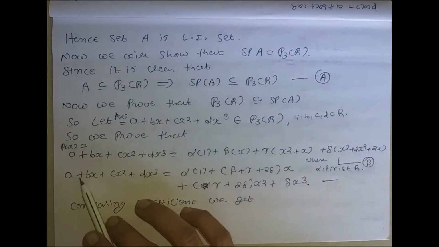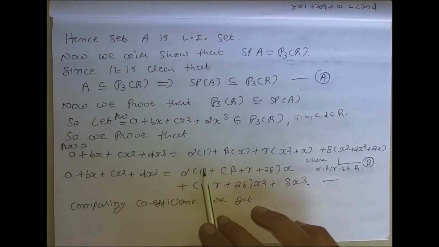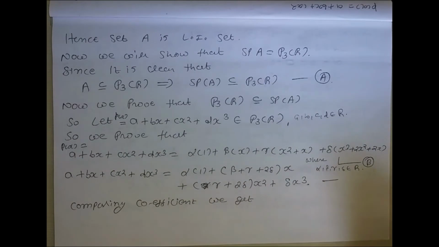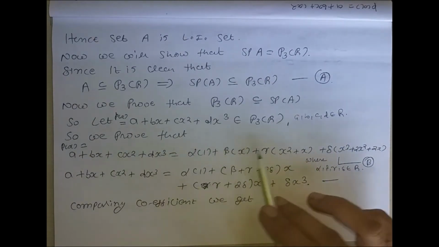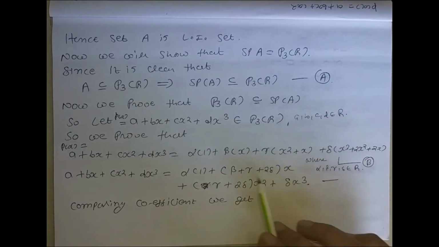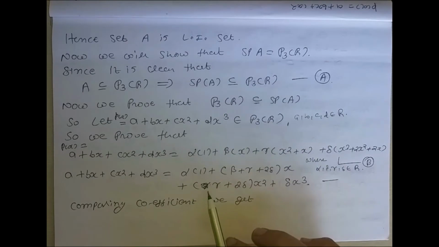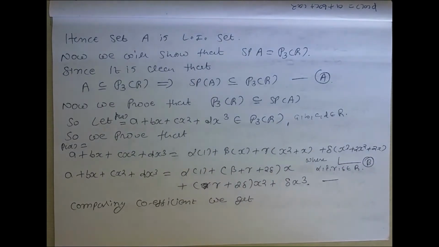So we get a + bx + cx² + dx³ equal to: constant is alpha multiplied with 1, the coefficient of x is beta plus gamma plus 2 delta, the coefficient of x² is gamma plus 2 delta, and the coefficient of x³ is delta.